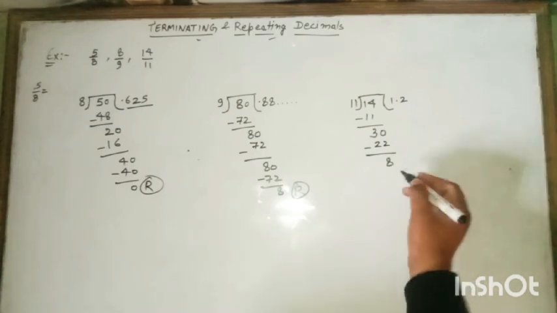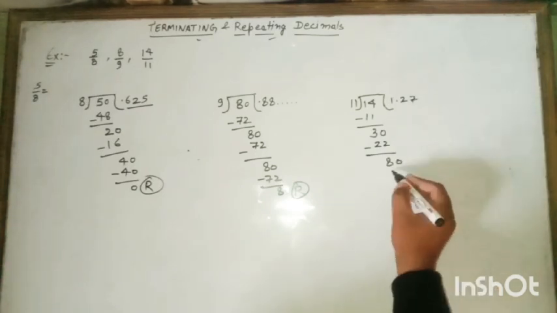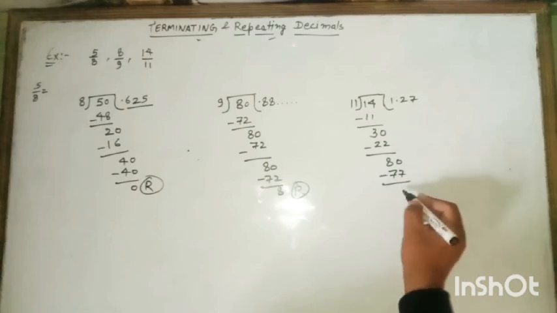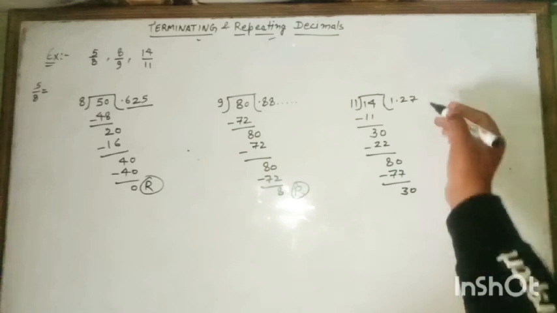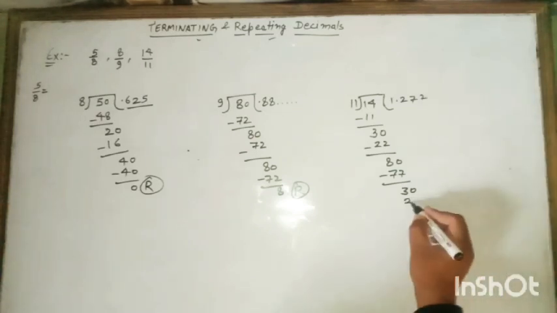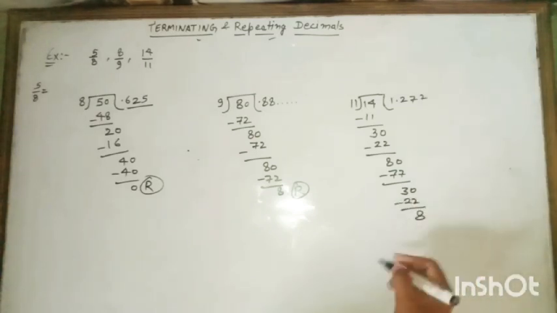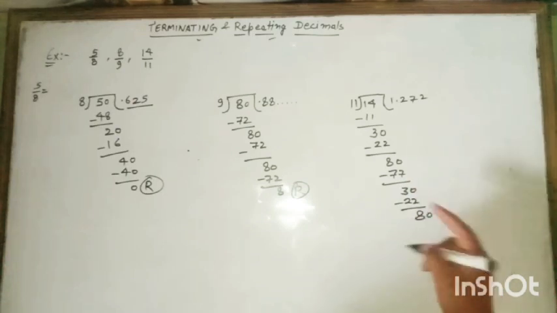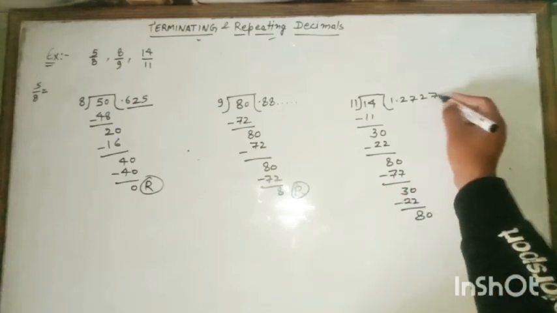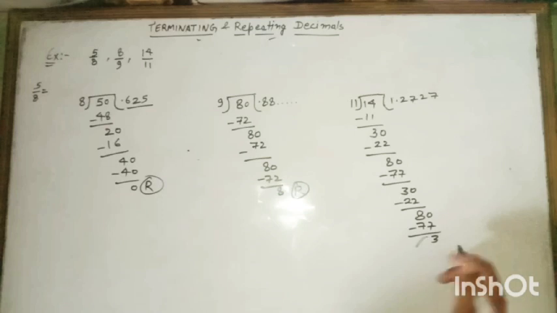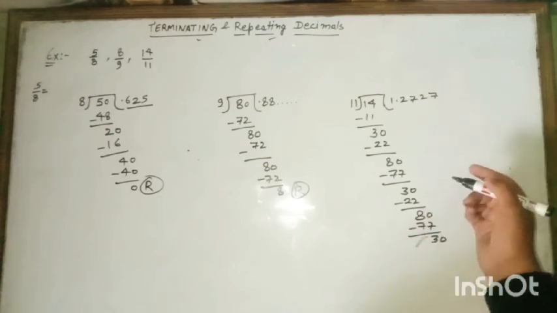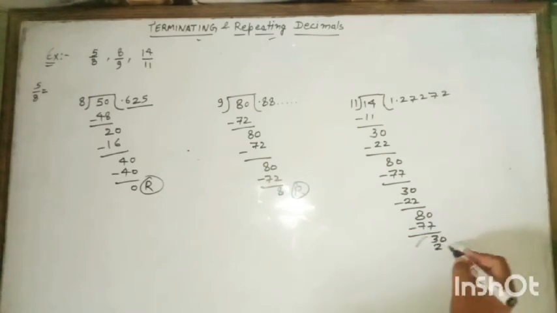Again the point is there, 80, 11 times 7 is 77. Now the remainder is again 3, so we place 0 here, 30, 11 times 2 is 22, again 8 will be the remainder, so we place 0 again, 80, 11 times 7 is 77, so again it will be 3, we place 0 again, and again it will be 22. Here you can see again the remainder will be 8.